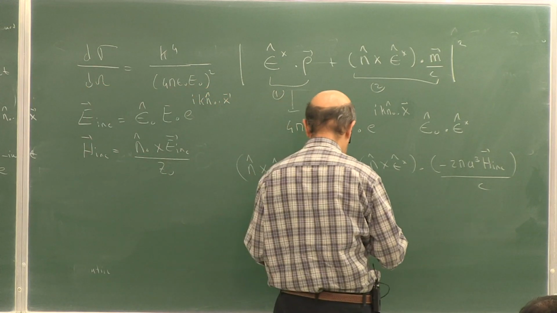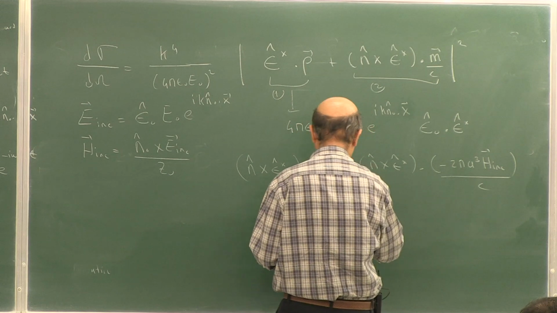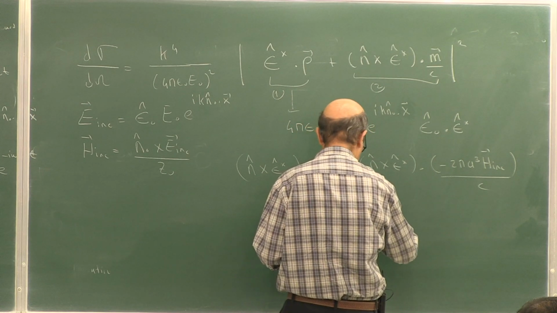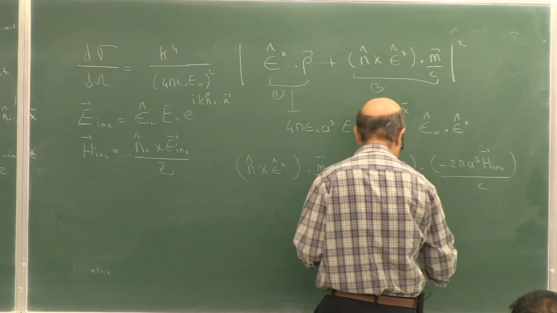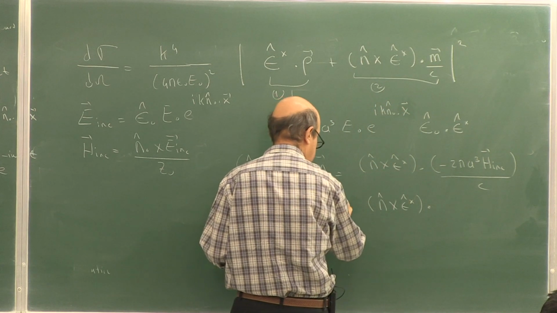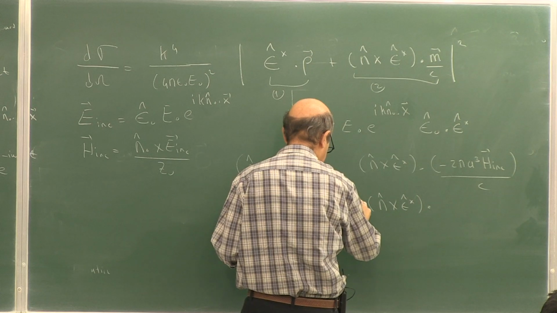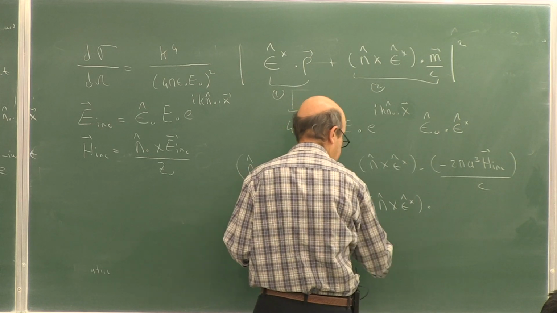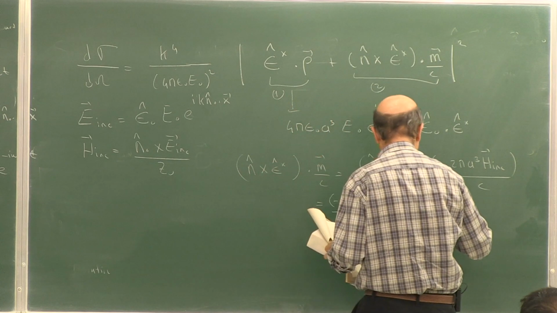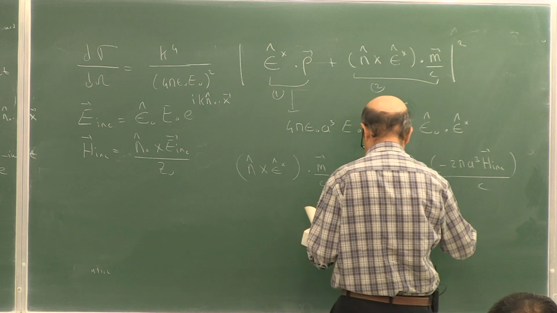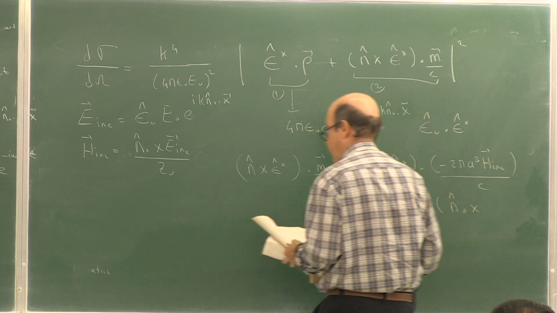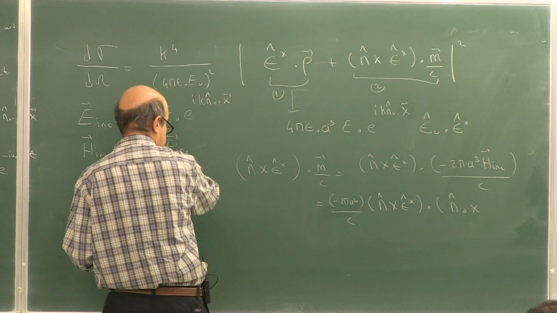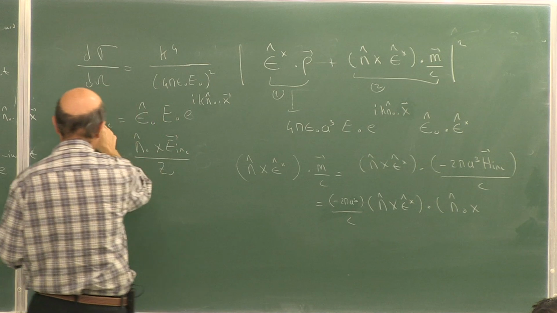So that will be equal to n cross epsilon complex conjugate dot, so take the coefficients here, minus 2 pi a cube over c, and H incident is nothing but n0 cross E incident.